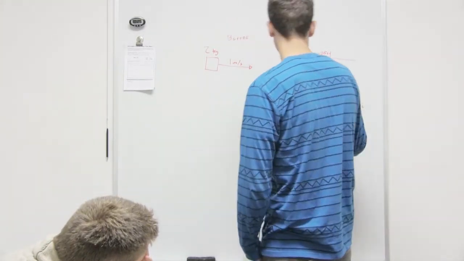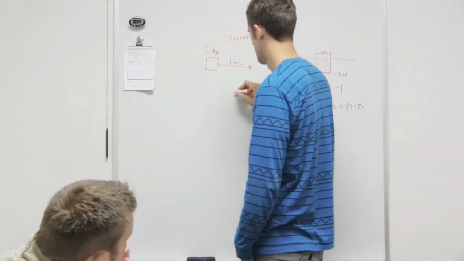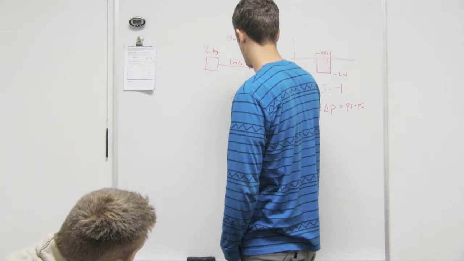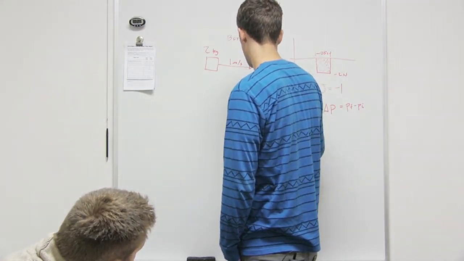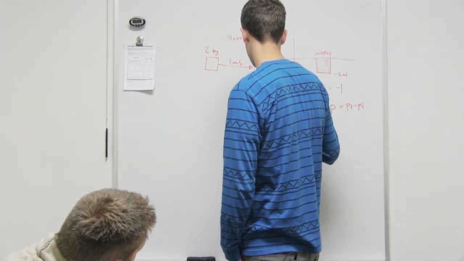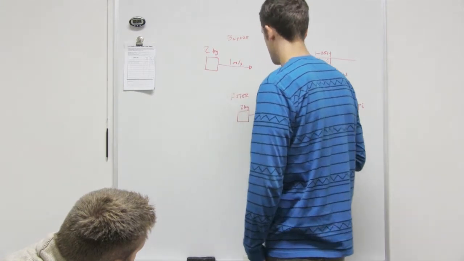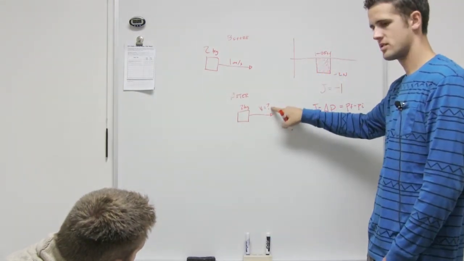This is just impulse. So that's just a graph of the impulse. But it would be in our pictures, right? Where it'd still have 2 kilograms and have some final velocity. Right. And that's what we're looking for.